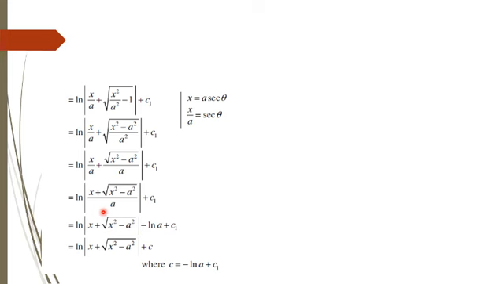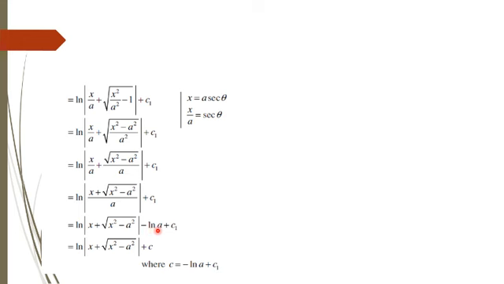Why? Because we know that natural log of a over b can be written as natural log of a minus natural log of b according to the log formulas. Here natural log of x plus square root of x square minus a square over a can be written as natural log of x plus square root of x square minus a square minus natural log of a.